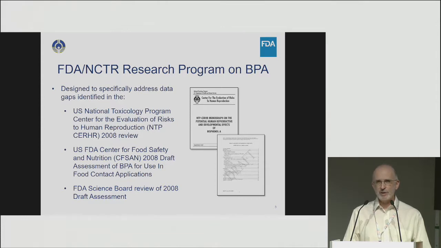And then in 2008, there were two reports, one from the NTP on the risks of human reproduction, and also a draft safety assessment produced by the Center for Food Safety and Applied Nutrition of the FDA, who have responsibility for regulating foods. The FDA Science Board, which is an outside body that advises the FDA, reviewed that draft assessment and made numerous recommendations that should be pursued.